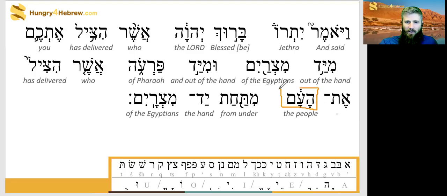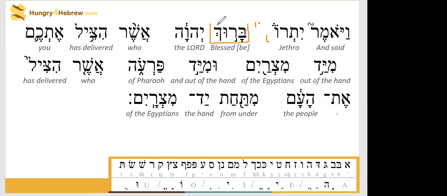Excellent reading. And there's an explicit mention of Ha'am. It was asyndetic earlier, and here it's showing up explicitly. So that kind of helps that case. Vayomer Yitro. There's a little pause right there. It's probably where the quote starts. And Jethro said, Baruch Adonai. What form is Baruch?